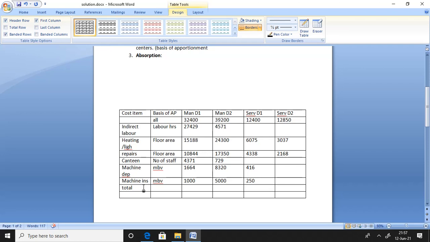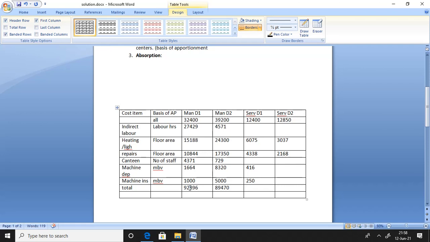Adding up all those costs, let's see the totals that we have. Under machine department 1, we have a total of 92,896. Under machine department 2, we have 89,470.